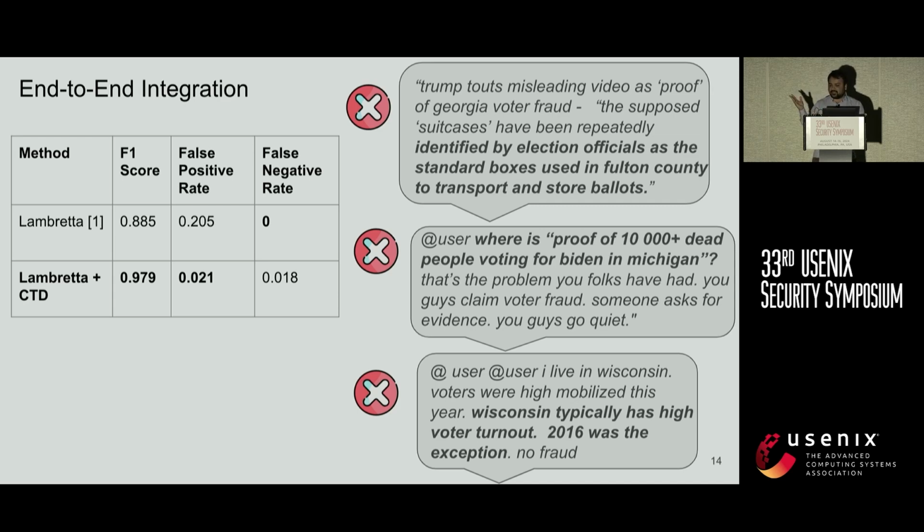And here are some examples of tweets that were initially flagged by Lambretta, but using our contrastive textual deviation filter, we are able to identify that these are actually debunking the misinformation and should not be flagged. There are other examples of this in the paper, and as you can see, the system does pretty well on really challenging natural language text as well.